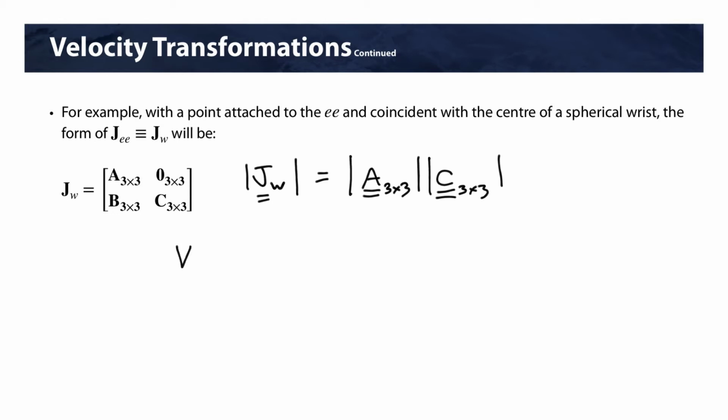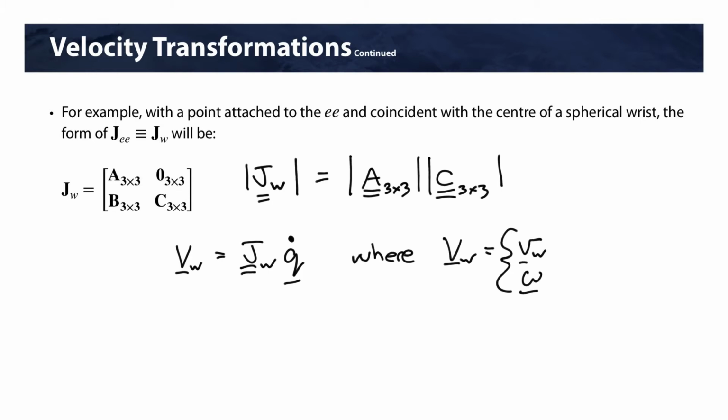Our velocity of the wrist center would now be our Jacobian times our vector of joint rates, q dot, where V_W is the translational velocity of our wrist and the angular velocity of our wrist.